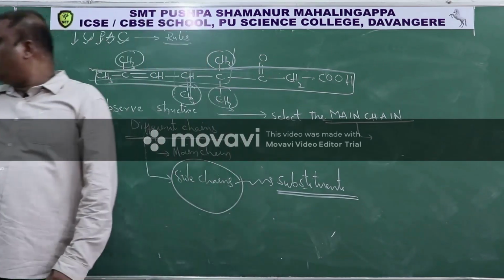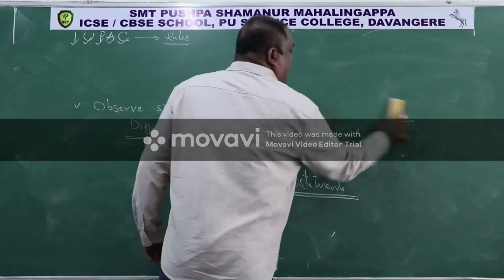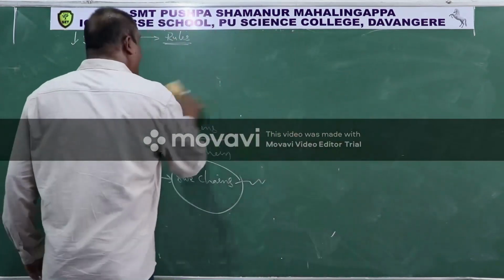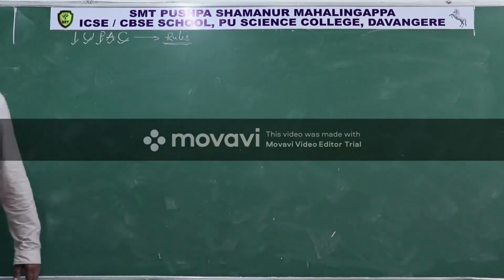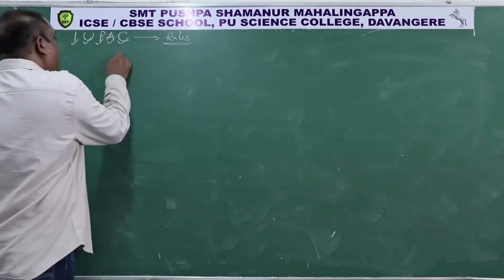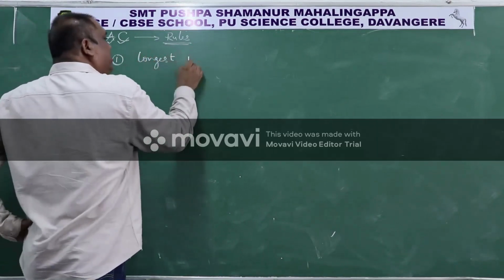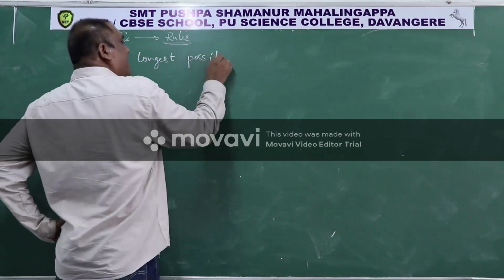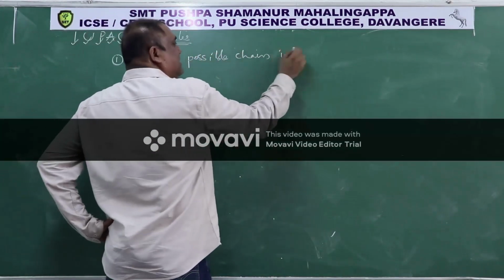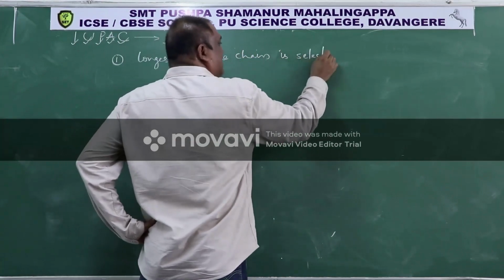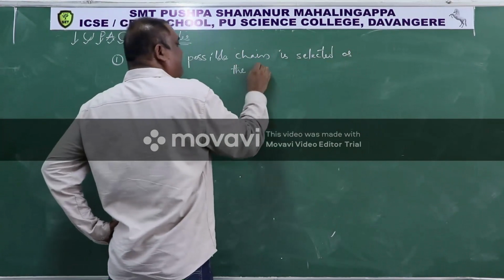So here, the first thing is, the longest possible chain is selected as the main chain.